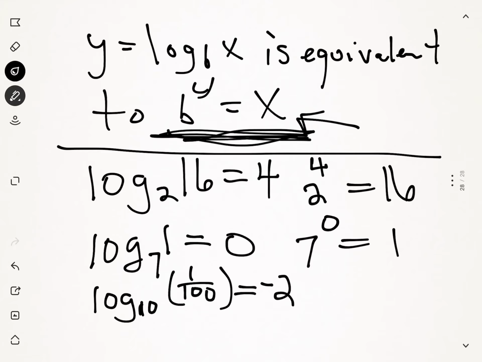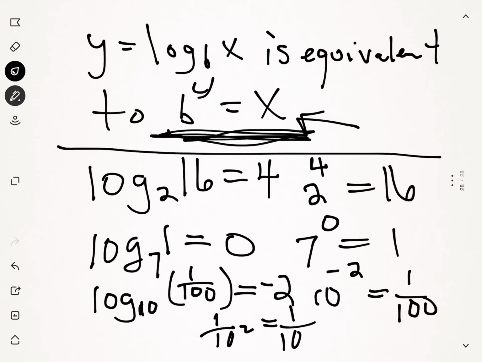It looks difficult, but all you're going to do is write 10 to the power of -2 equals 1 over 100. And we know that to be true because 10 to the -2 is 1 over 10 squared, which is 1 over 100.